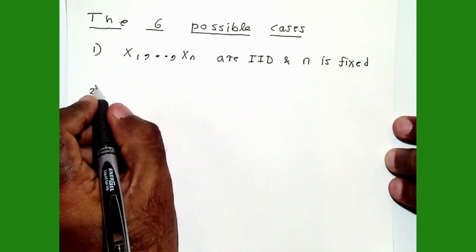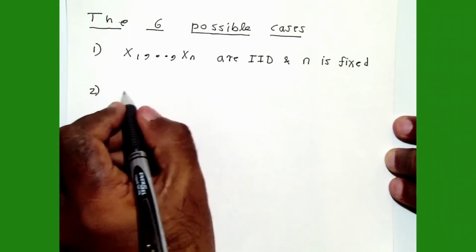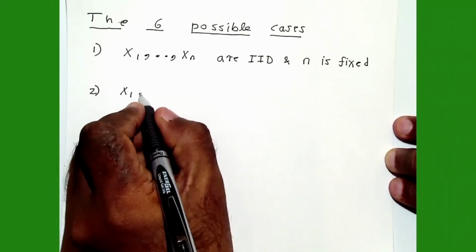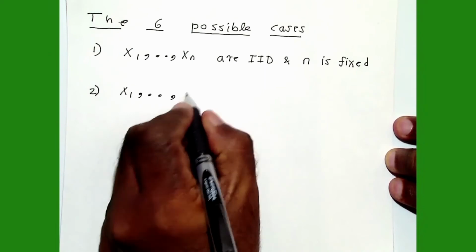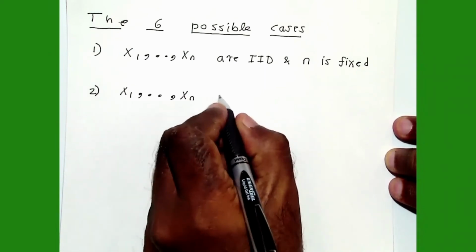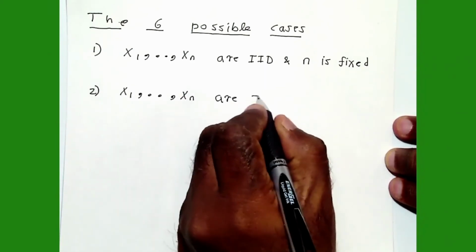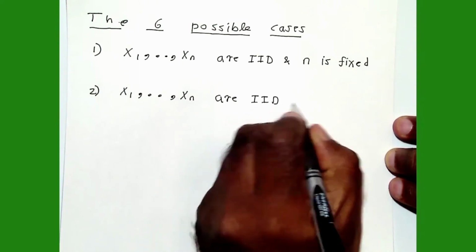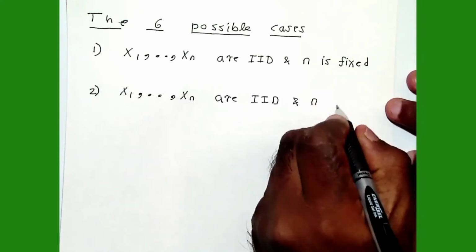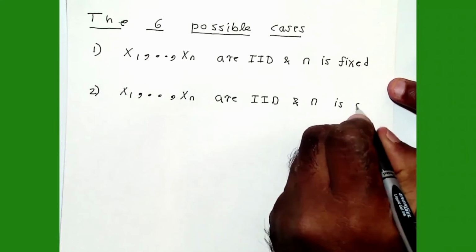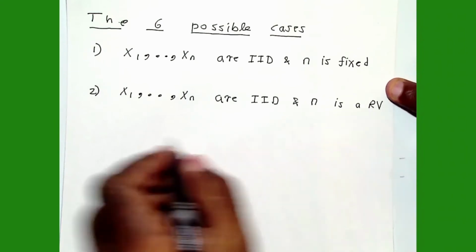Case 2, you may suppose that the losses are IID and N itself is a random variable.